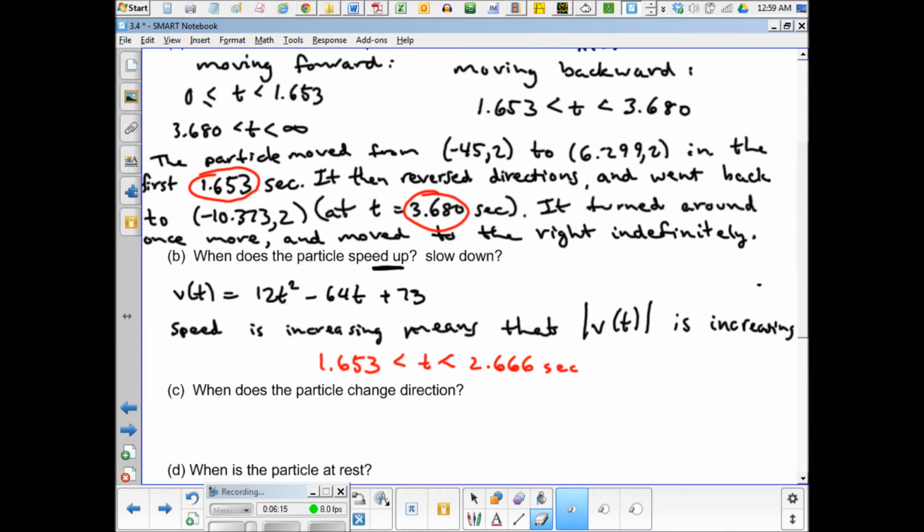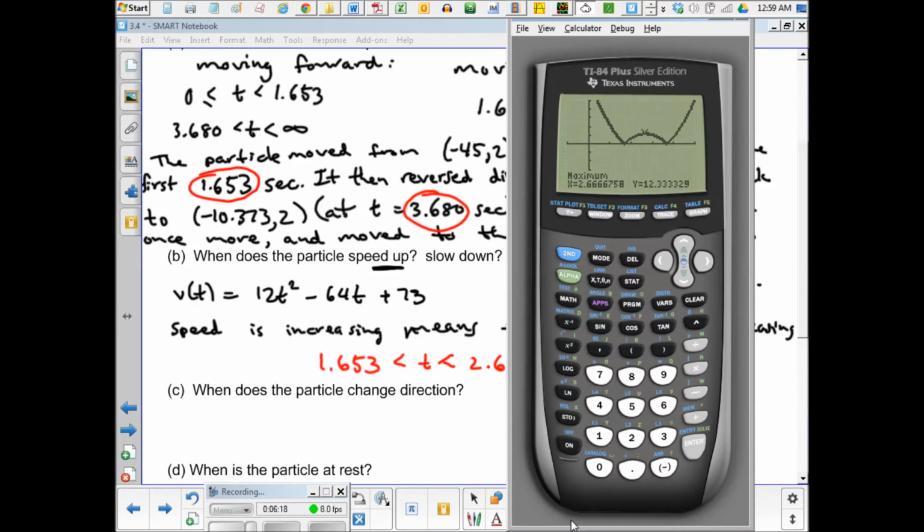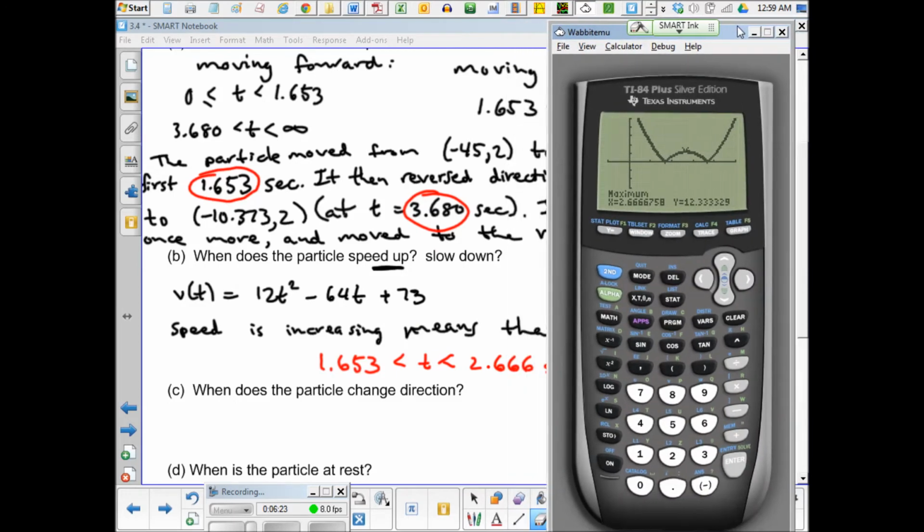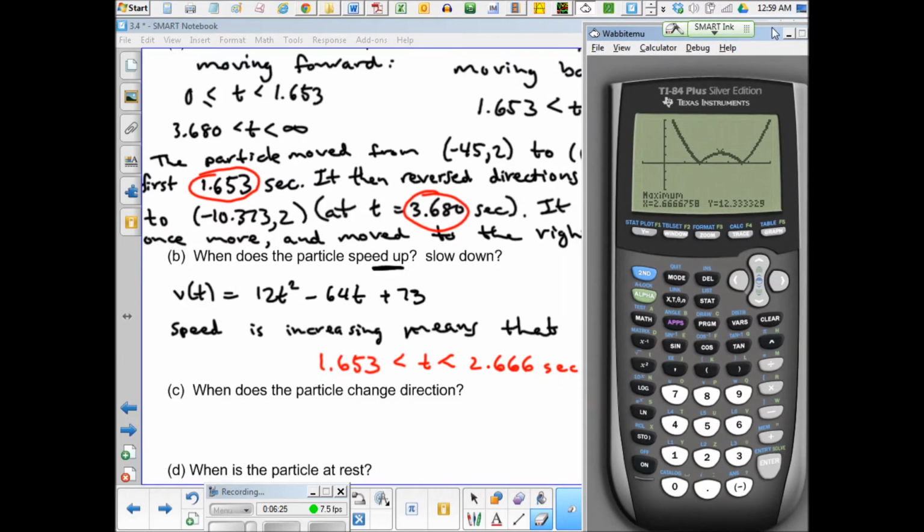Okay, going back to the graph. Okay, I'd like to also find this minimum point over here. 3.68.